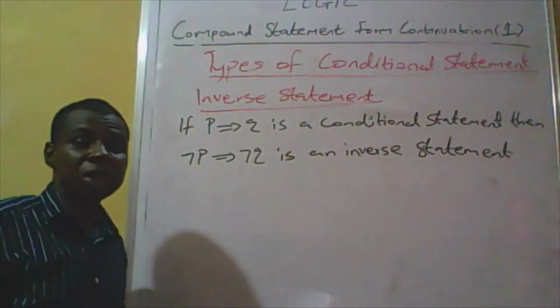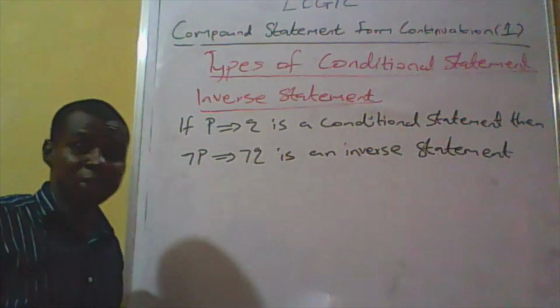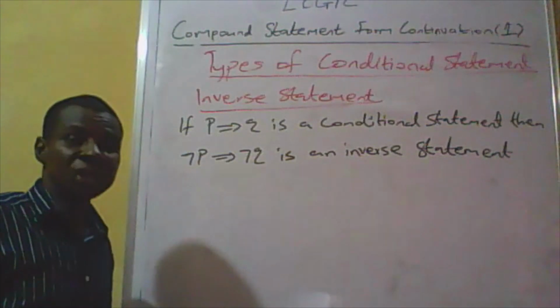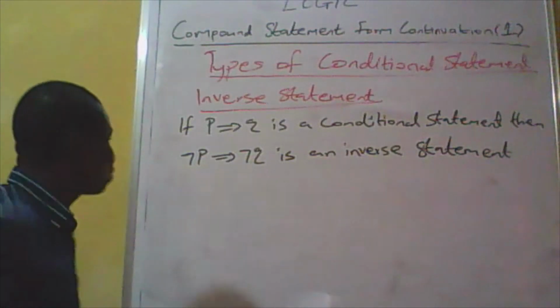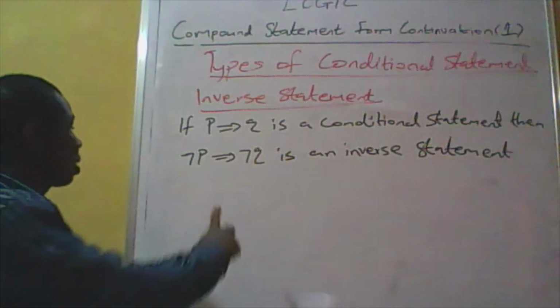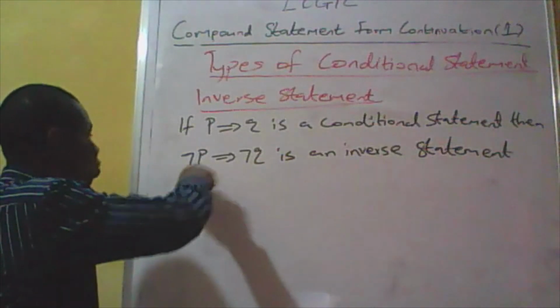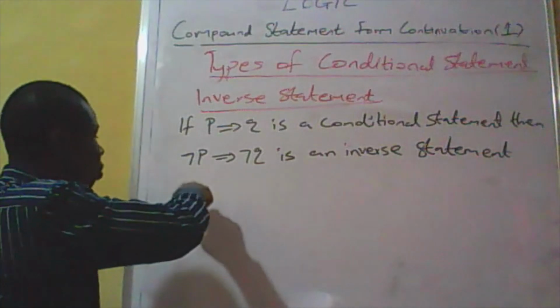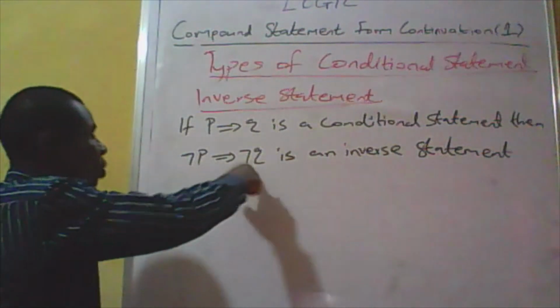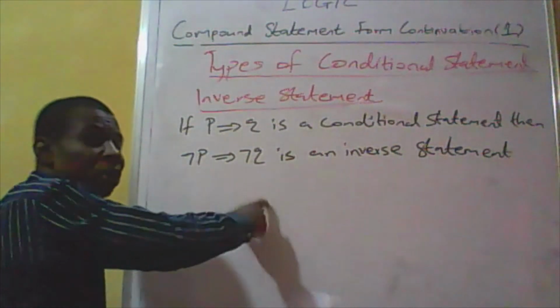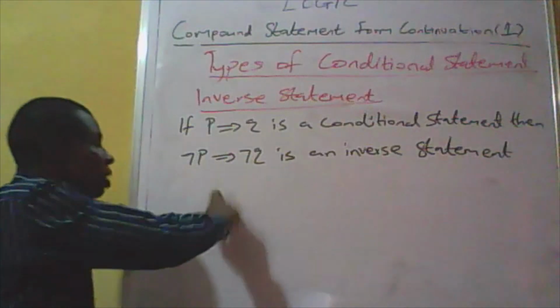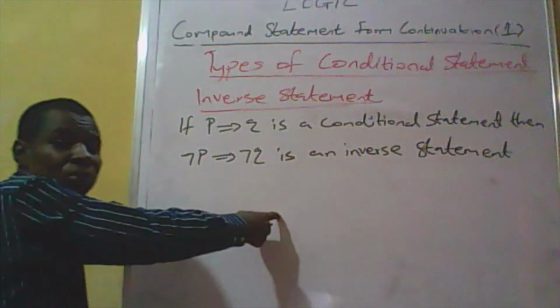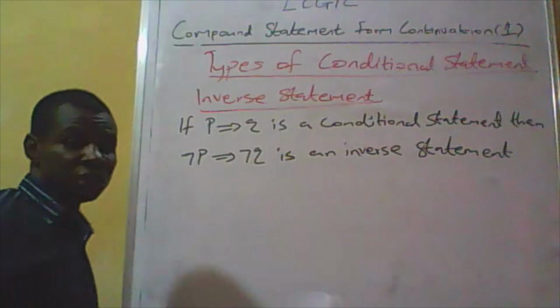Let's go to their semantic. They have the same semantic as the conditional statement. That means whenever I assign not P to T, then assign not Q to F, the evaluation of the statement becomes false. Otherwise, it is true.